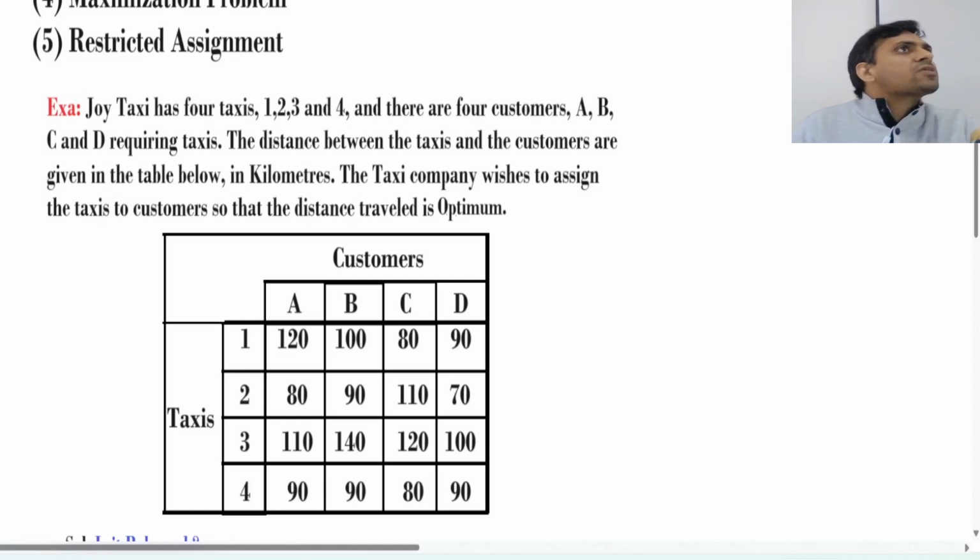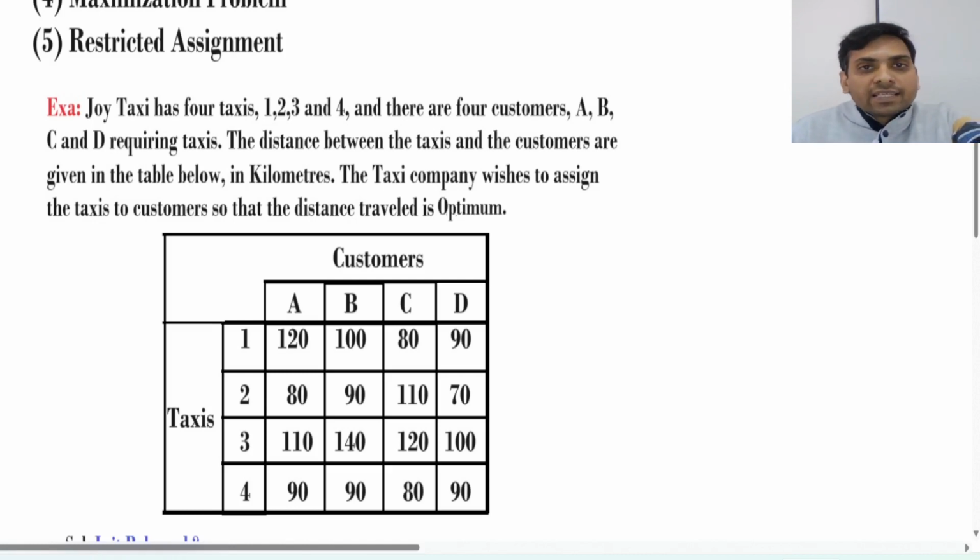Just like Ola cabs, different locations of Ola cabs and different locations of customers. So in that situation, in case of Ola or Uber, you will get the taxi which is nearest to your place. Clear? This is what? Minimization of distance. Minimization of distance means minimization of fuel utility. This means minimization of cost. Done?